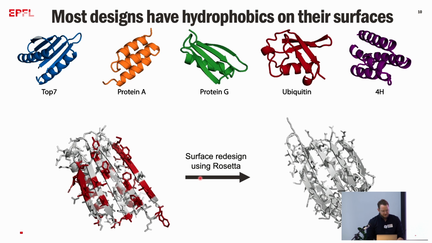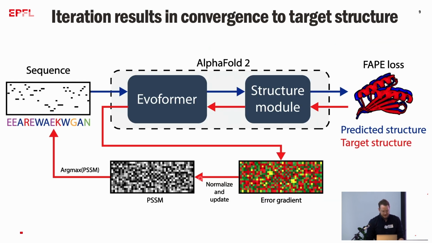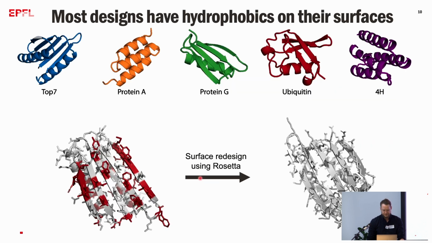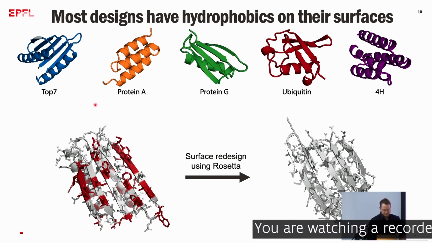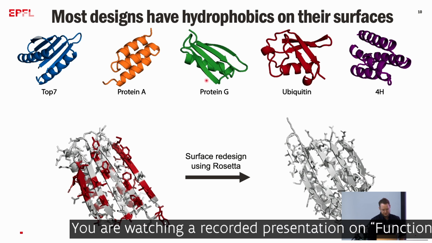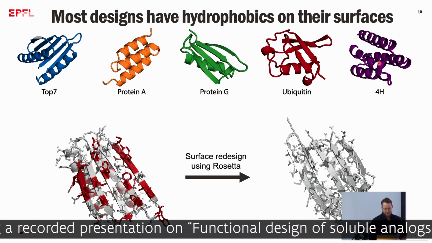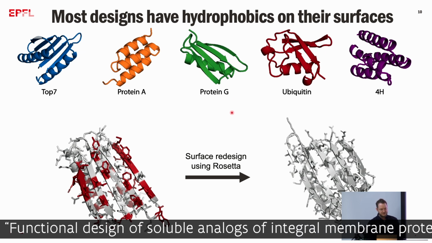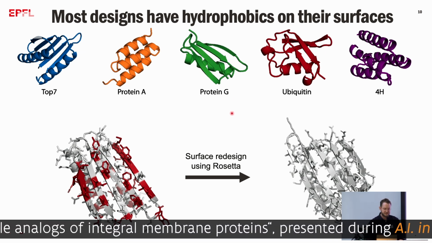This is also not a new idea. It has been done before, especially with trRosetta, the same method Arne mentioned in his previous talk, but it hadn't been applied to AlphaFold 2 yet. So we tried to be the first. We took several different protein topologies, the top 7, protein A, protein G, ubiquitin, and 4H, put them in AlphaFold and designed sequences for them.